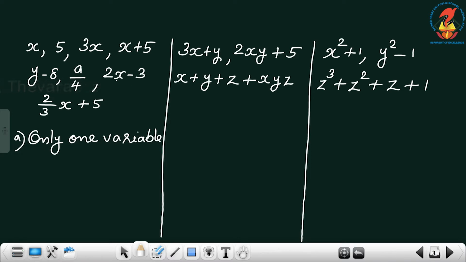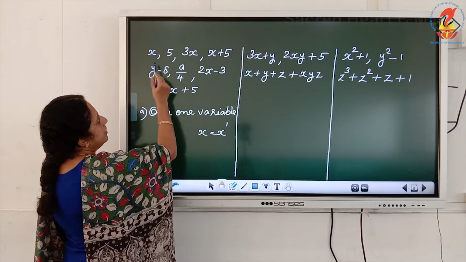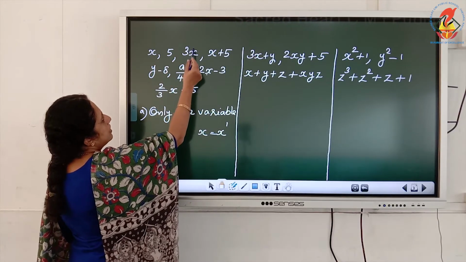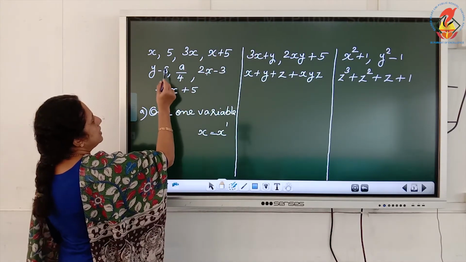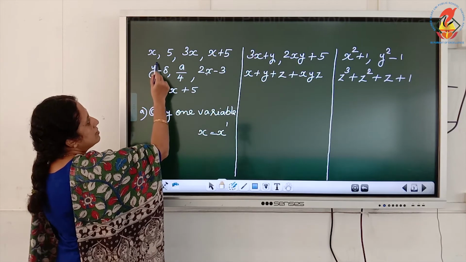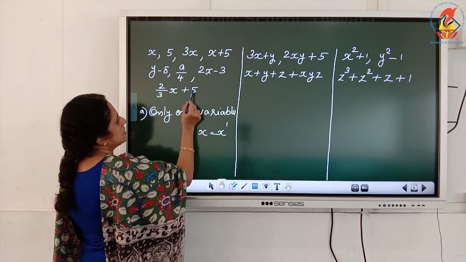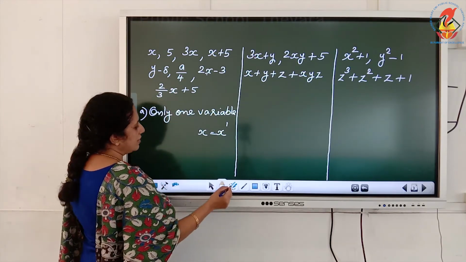Then, what is the highest power of the variable? For example, if you write x, x means x raised to the power 1. Therefore, the power of x is 1. Here everywhere the power of x is 1. Here x plus 5, the power of x is 1. y minus 8, the power of y is 1. 2 by 3 x plus 5, the power of x is 1.